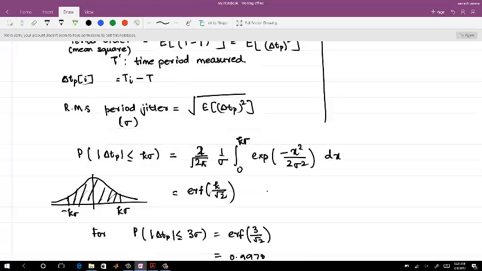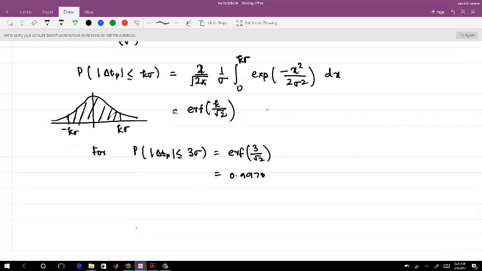This is very much the same case when I want to say that I want a bit error rate of 10 power minus 12. What that means is I want an error of 1 in 10 power 12.